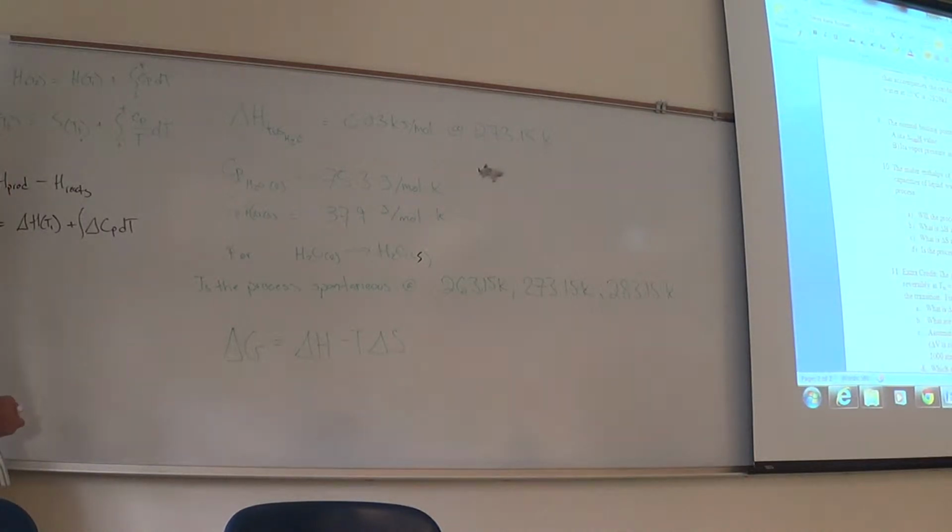You guys remember that? But in the case that C sub P's are constant with temperature, then this can come out of the integral. And that's why you get the delta C sub P times dT.